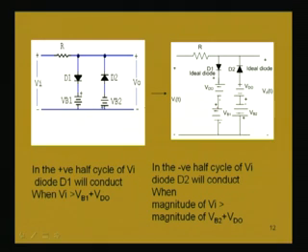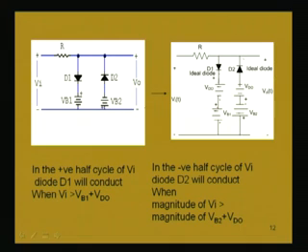It is VB1 plus VD naught: two batteries are in series, with this point negative, this point positive. So, VB1 plus VD naught is the potential here. So, when Vi is greater than VB1 plus VD naught, then this diode D1 will be conducting.